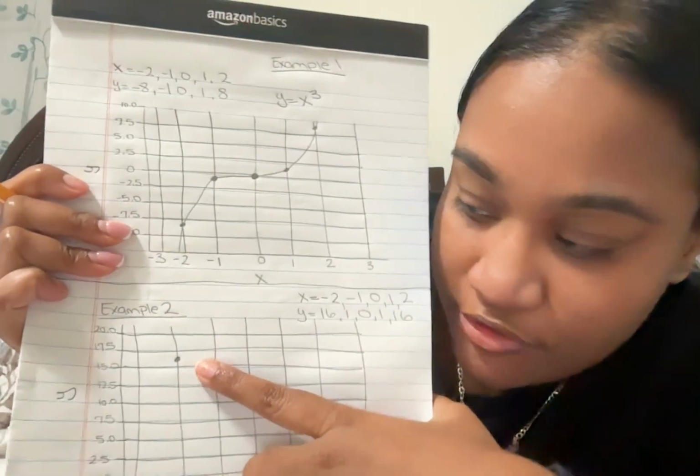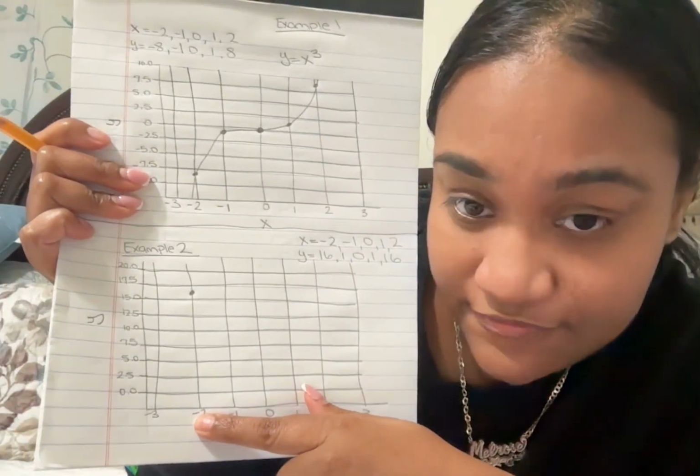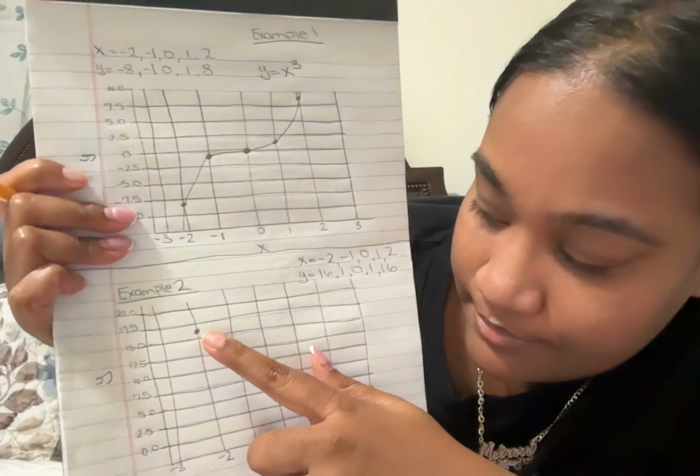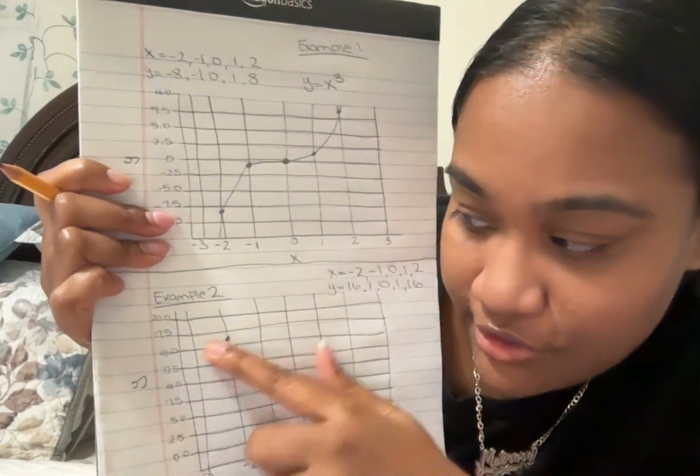So we're going to go ahead and graph it. -2 is here on the x-axis, and then 16 is here on the y-axis. So that'll be our first coordinate point. Then our next coordinate point would be -1, 1.